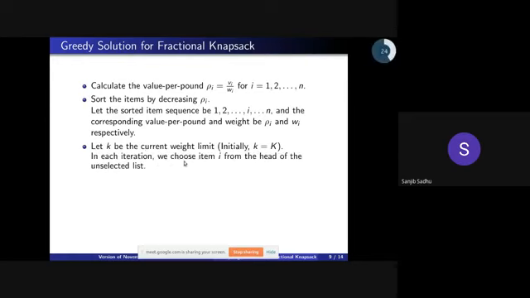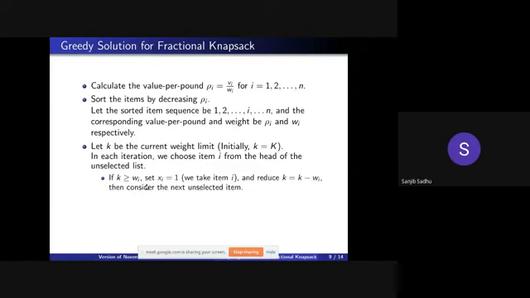In each iteration, you choose item i from the head of the unselected list, sorted by Vi. Whenever K is greater than Wi, you set Xi equal to 1. That means you are taking the complete item, and once you take an object, the knapsack capacity will decrease.